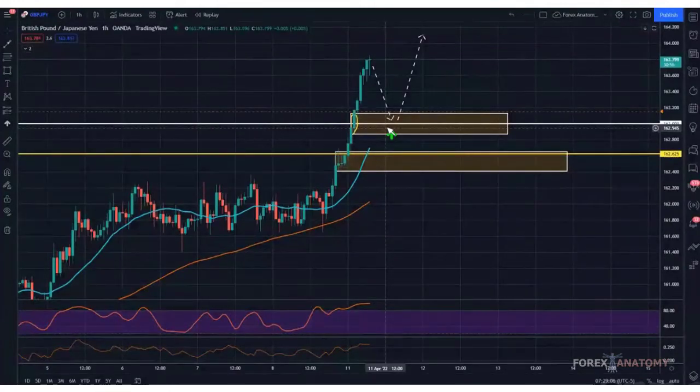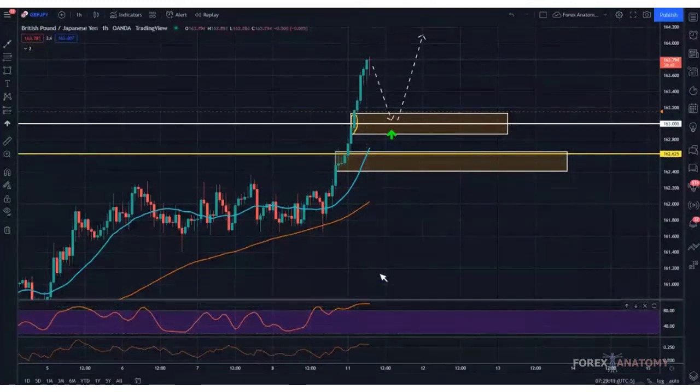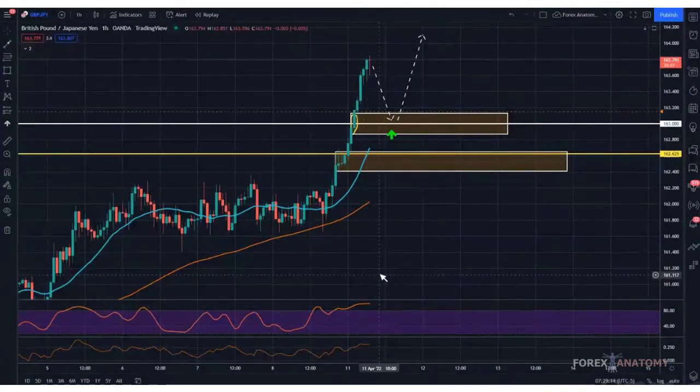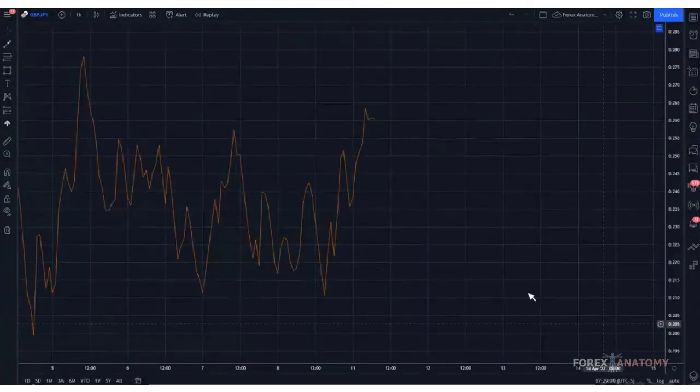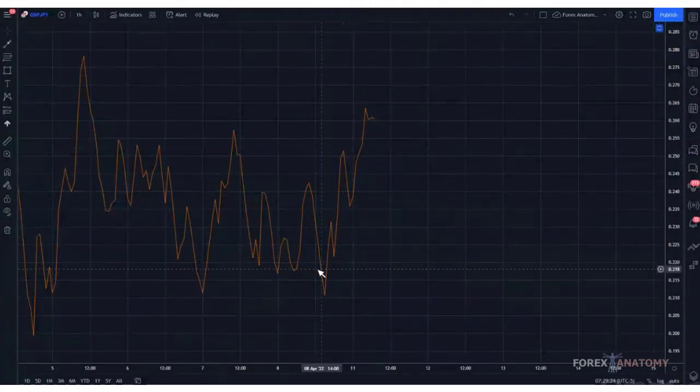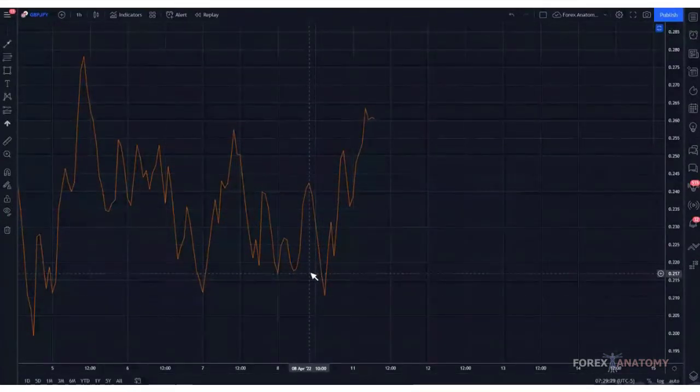Even if you look at our stochastic down here, you can see that the stochastic is in overbought territory, which can indicate that it's at a point of exhaustion. But even if you look at the ATR indicator down here, and I'm just going to maximize, you can see that for this rally, we've been seeing volatility pick up, and we've been seeing this conviction in the pound versus yen and gain traction to the upside.